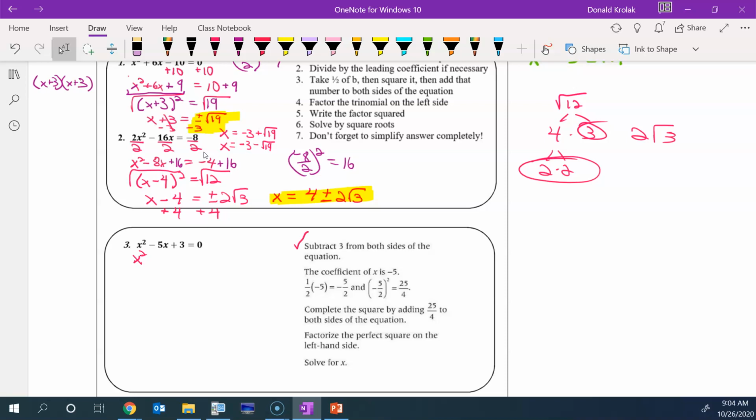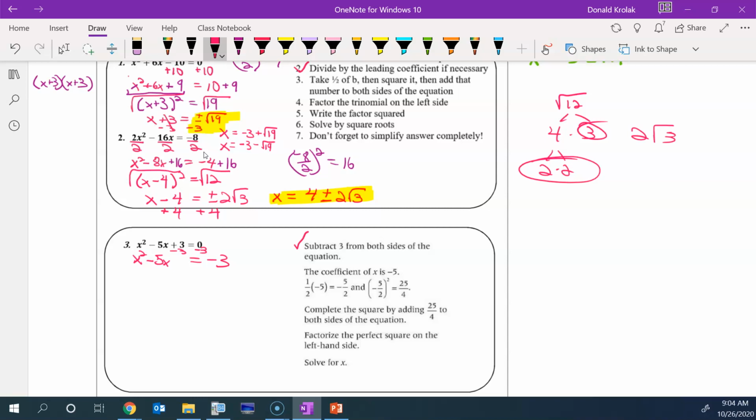So x squared minus 5x equals 3, so subtract 3. Now I don't have to divide by anything because the leading coefficient here is 1, so I can skip that step.